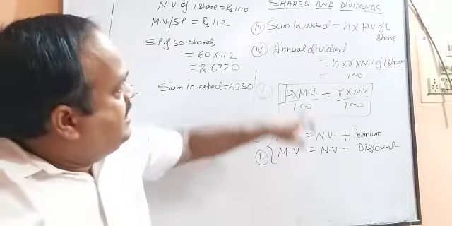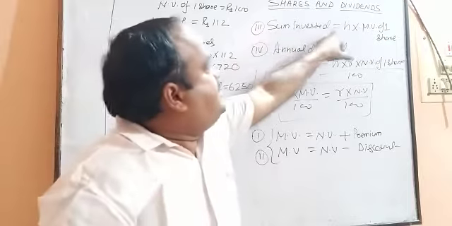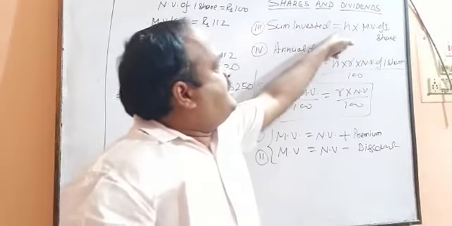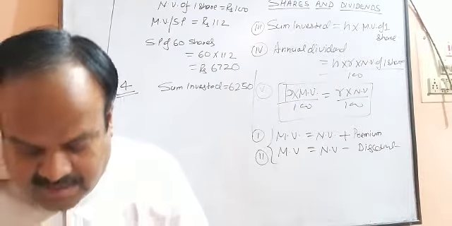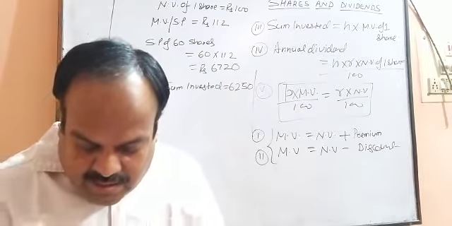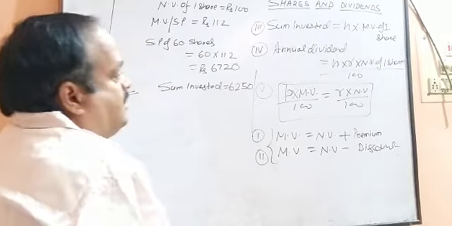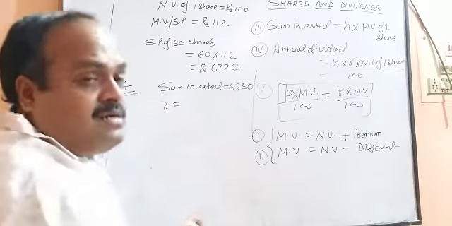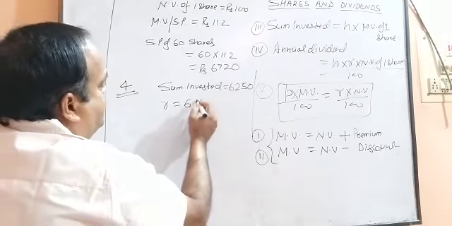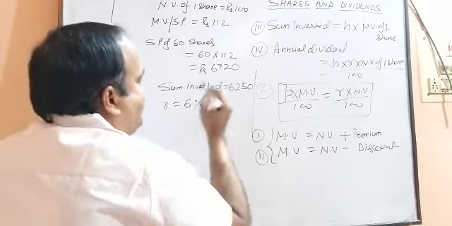You can see here the formula for sum invested: number of shares into market value of one share. The company is paying 6% dividend. R is the rate of dividend declared by the company, 6% per annum.